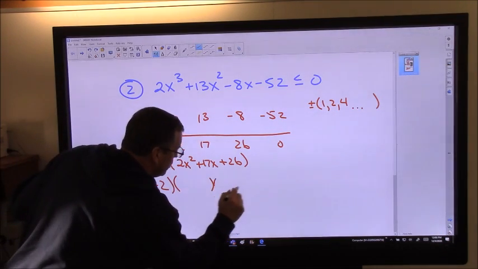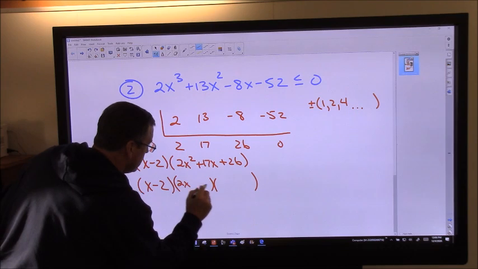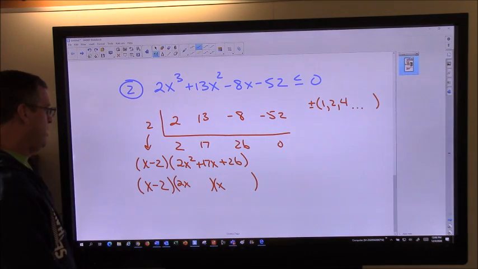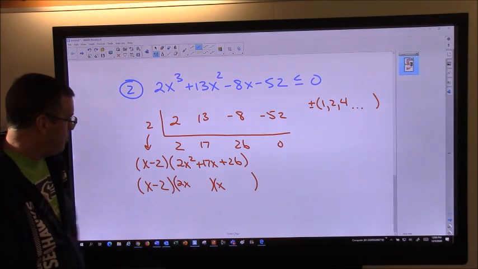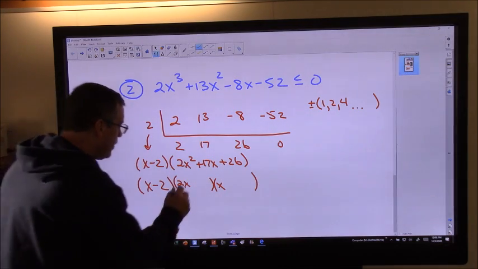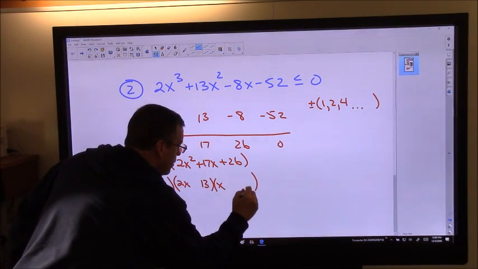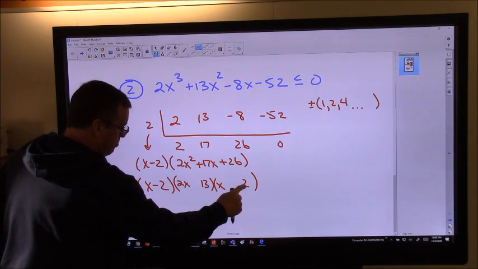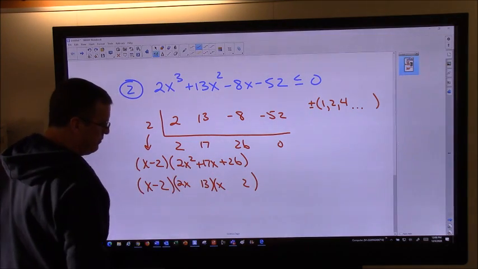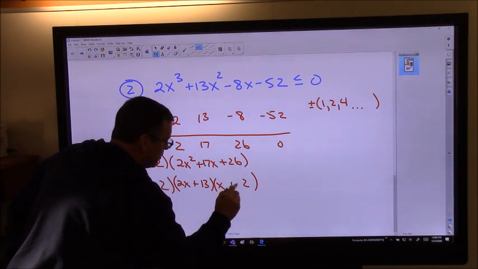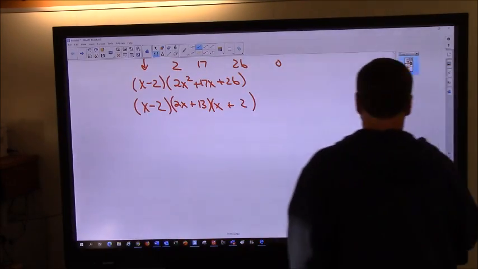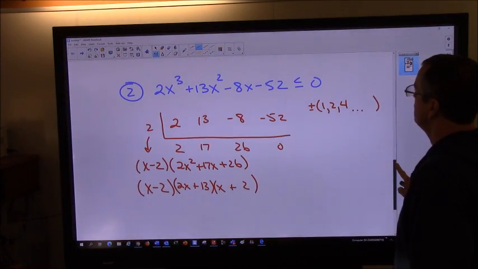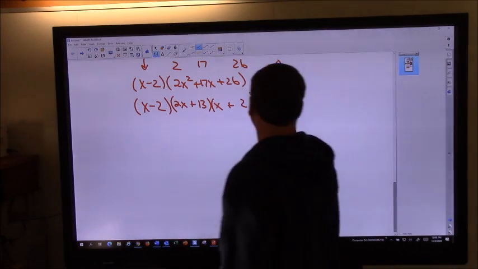All right, so let's see. This has to be 2x times x. And 26, if I go 13 times 2, I think that works. So 13x plus 4x, that does equal 17x in the middle. All right, and I want to know where this is less than or equal to 0.